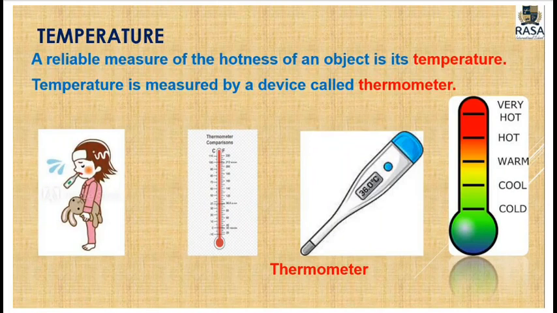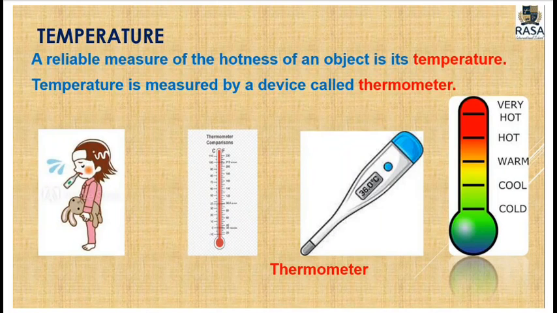Usually the temperature of the body of a human being is, on an average, 37 degrees Celsius. A normal human being's body temperature on average is 37 degrees Celsius. Okay, so if the person is suffering from fever, then the body temperature varies either up or down.